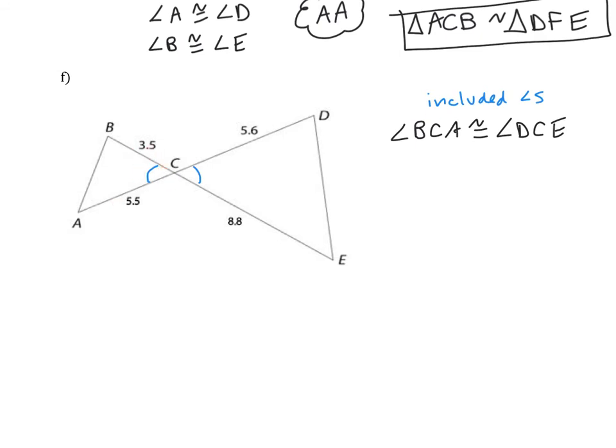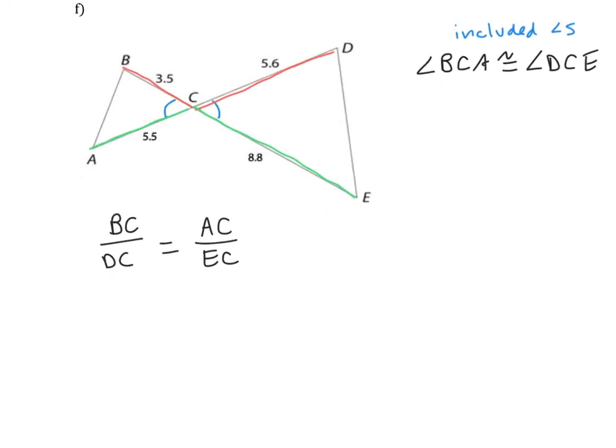So now we're going to check the proportions of the sides. So I'm going to match up the two shorter lengths. So I will do BC and DC, and we'll see if that's equal to AC over EC. So plugging in the values we know, we would have 3.5 over 5.6 should equal 5.5 over 8.8.